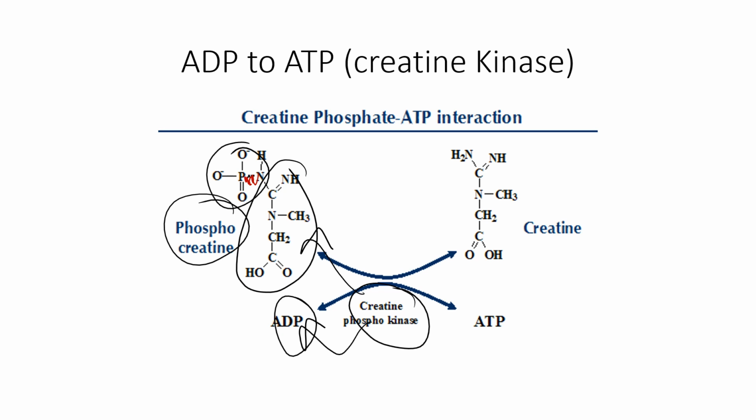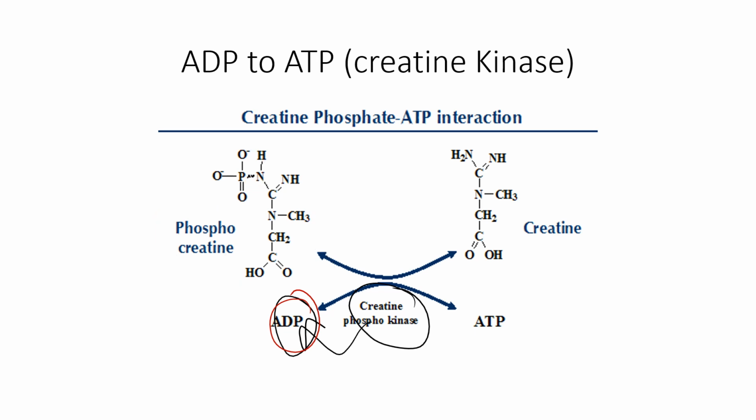So what creatine kinase will do is it'll bind to phosphocreatine and ADP, and it will initiate this chemical reaction. And in this chemical reaction, here's what happens. The phosphate is broken off of creatine. That high energy bond is broken. And what ultimately happens is the phosphate and the energy from that bond is transferred to ADP.